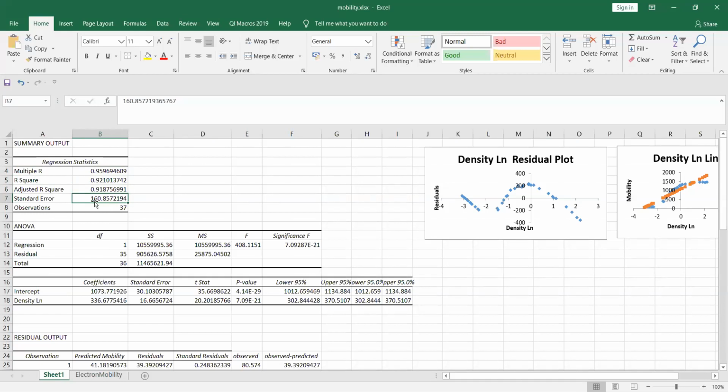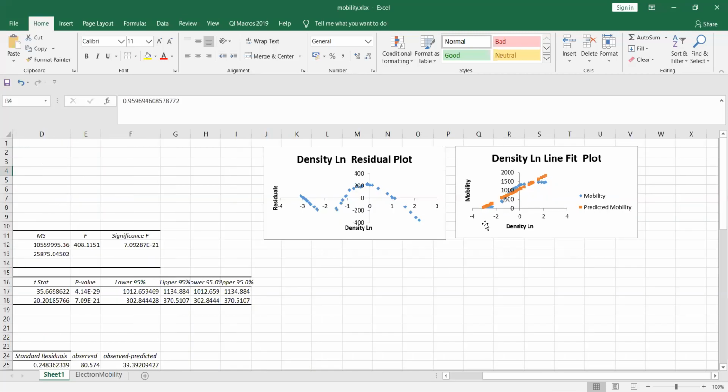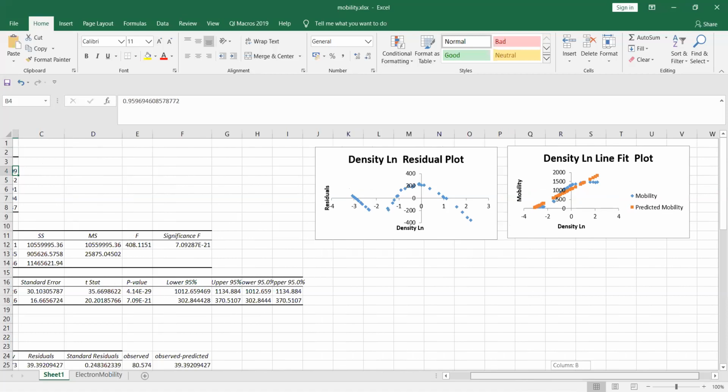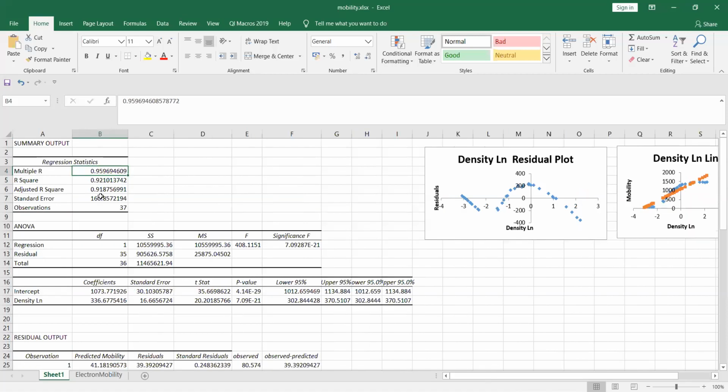160.85. Now why is this, even though there is a strong linear relation? If you see this plot, you are getting a strong linear relation between density and mobility. But the standard error here is 160.85. So this can give a thought to my linear regression: should I try with non-linear regression?